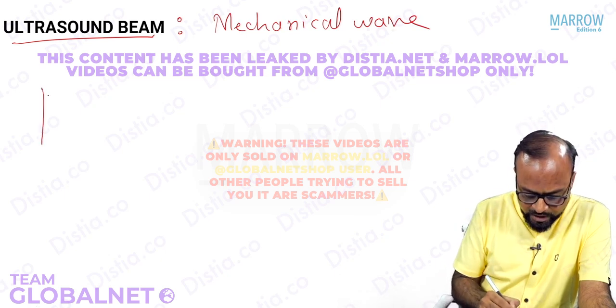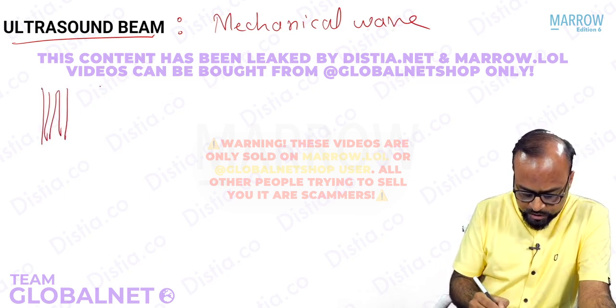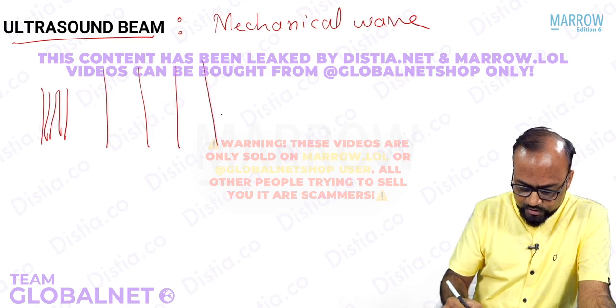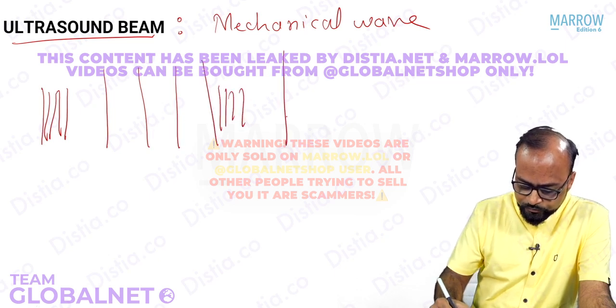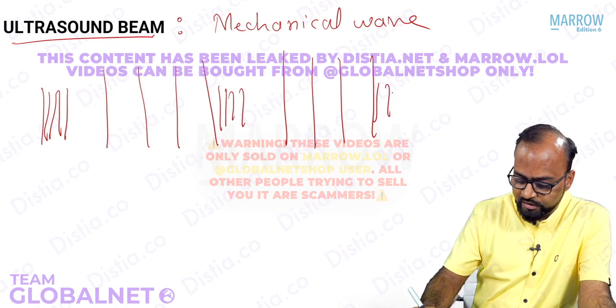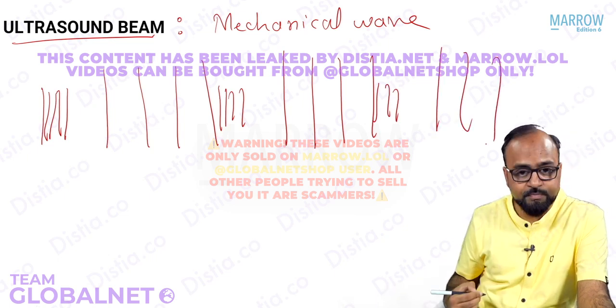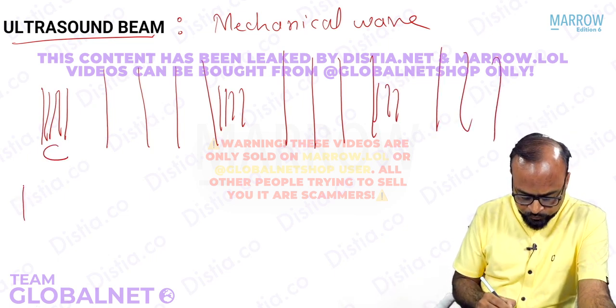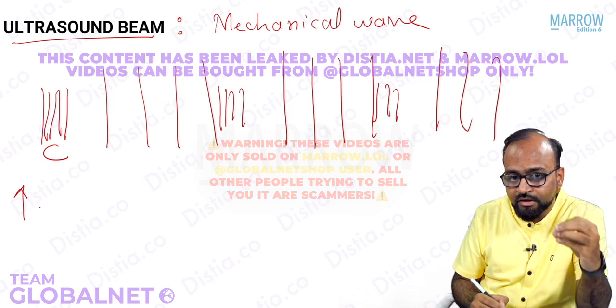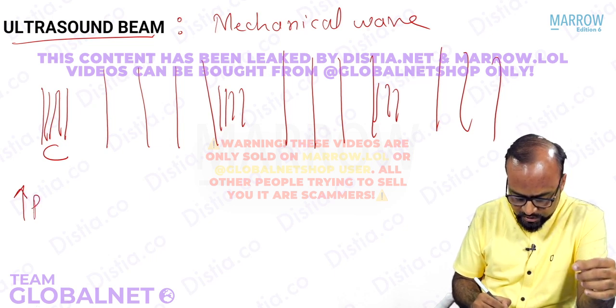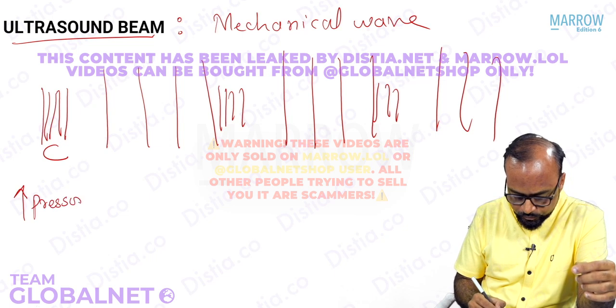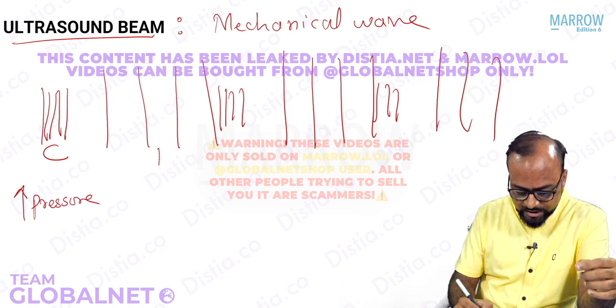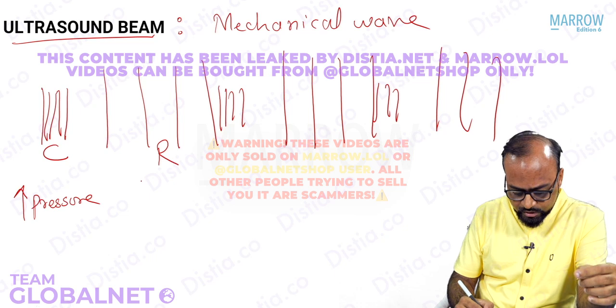It consists of alternate compressions and rarefactions. During a compression, at that particular site in the wave, there is an increase in the pressure. At the site of a rarefaction, there is going to be a decrease in the pressure.